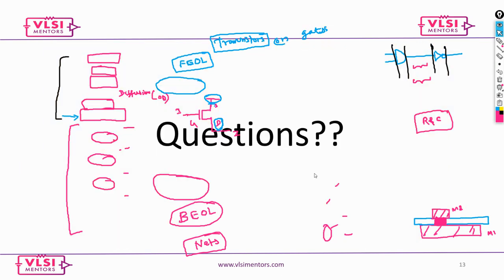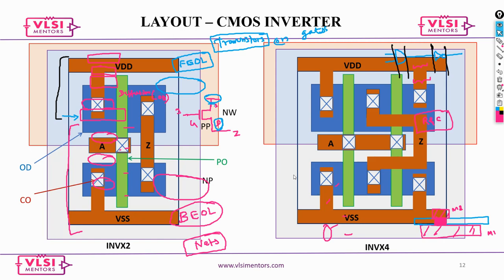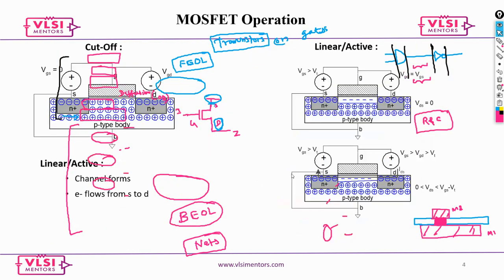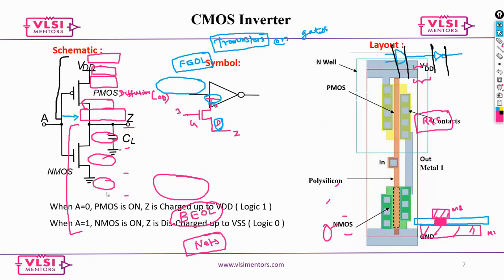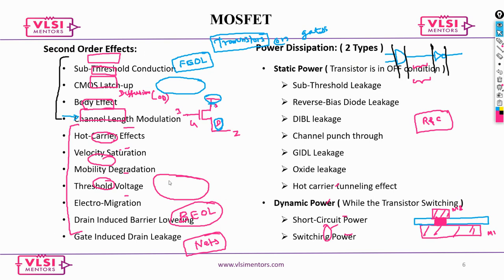We will try to complete this, and I think we will have to cover the CMOS second order effects as well. So probably in the next class we might cover the second order effects and then layout, and then you guys will move on to the standard cells portion and all of that. So that is what we are going to cover next week.